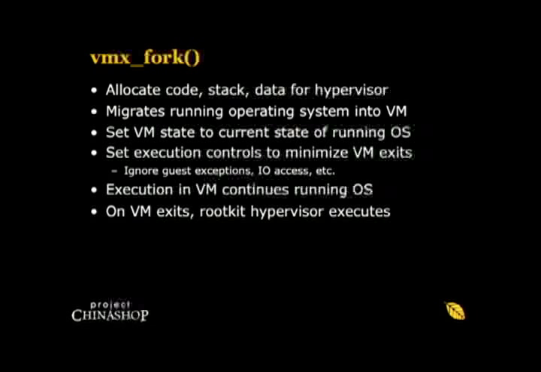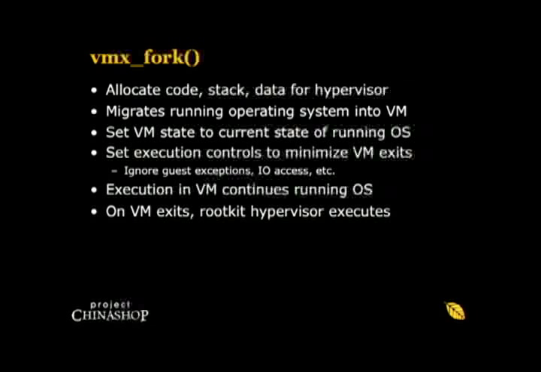When you're actually forking the system, you need to create the memory for the hypervisor, carve out code, stack, and data space for it, and initialize the VM state to that of the running operating system. Then figure out the execution controls you want to minimize VM exits. For a rootkit, we say we don't really care about guest exceptions. We'll let the OS handle them. If it doesn't handle them, it'll crash just like it normally does. We'll configure a VM exit for I/O access that we're interested in.